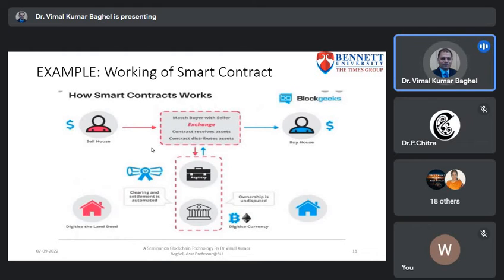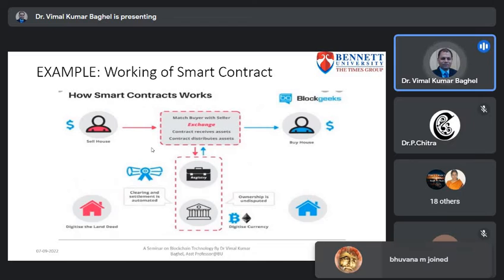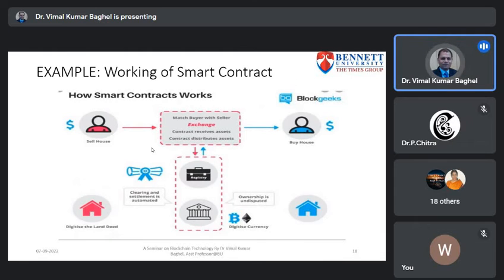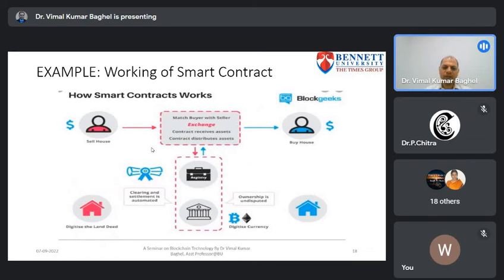We don't want to have any agent, so a smart contract is written, and that smart contract will provide everything to the buyer and the seller, and for all the registration purposes, like the registry. From the registry, people from the registration department, from the government department, will participate in the blockchain as a stakeholder, as a peer, and then they will validate the transaction according to the intent of the seller and buyer, and then the complete smart contract will be executed.